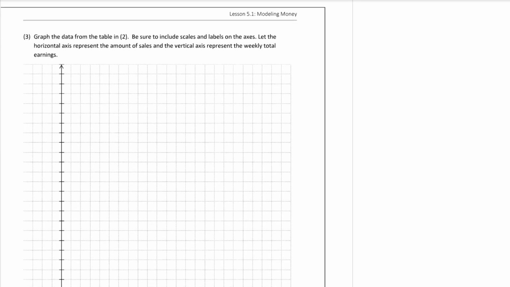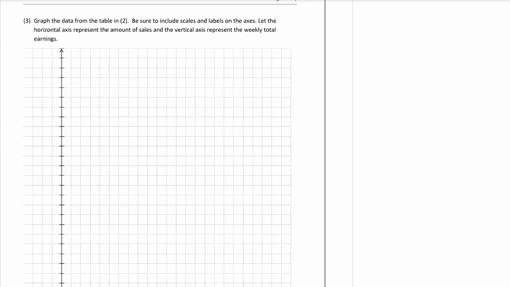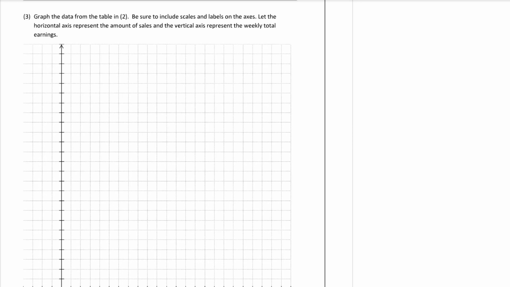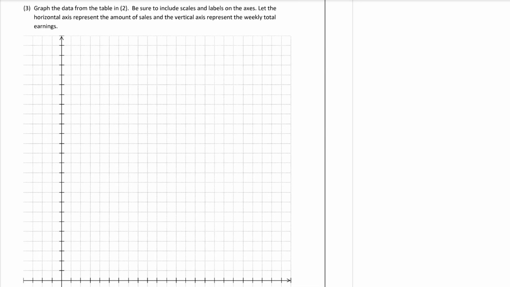Now, if you're able to get paper and do it by hand, I encourage that you do so. What I would like to do is set this up. We've got the horizontal axis, and the horizontal axis represents the sales. It's the X variable.